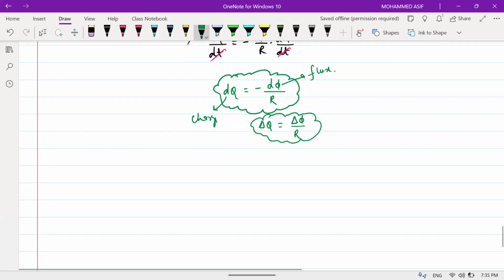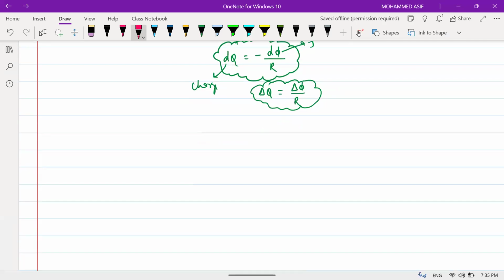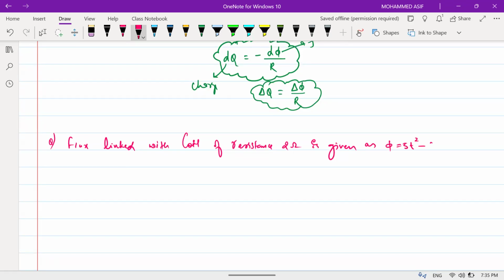This question, better. I hope everyone knows the basics of differentiation. See here. Flux linked with a coil of resistance 2 ohms is given by flux is equal to 5t square minus 4t plus 8.